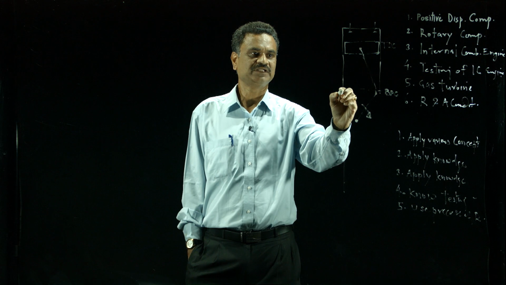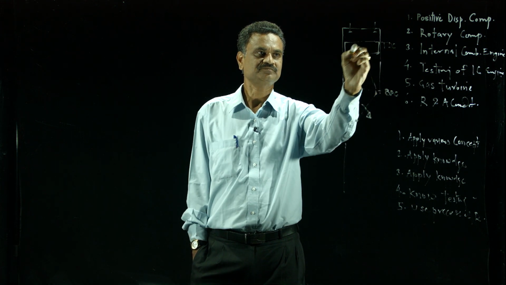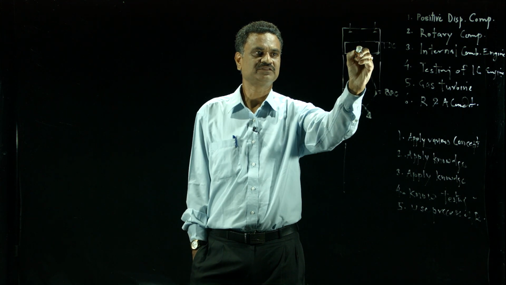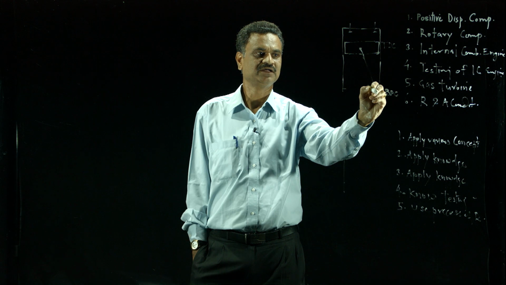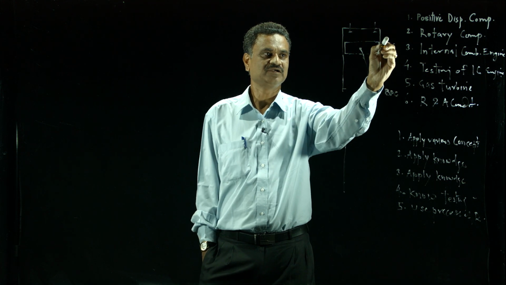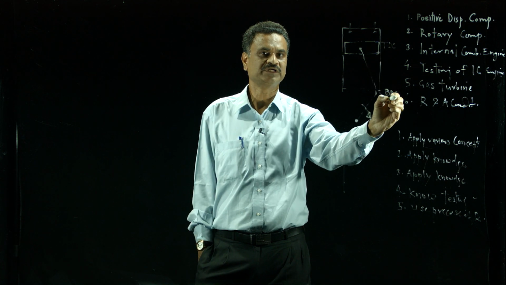It consists of a closed cylinder like this with piston, inlet valve, exhaust valve, with the connecting rod, crank and crankshaft. This is the top dead center position, this is the bottom dead center position.